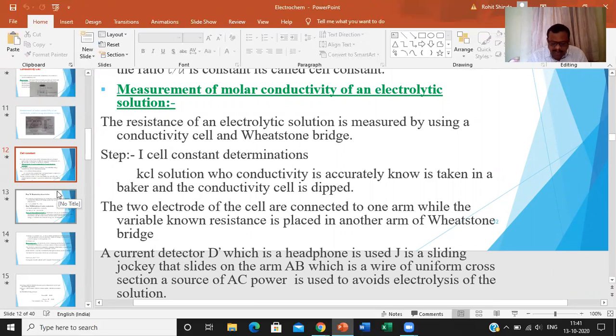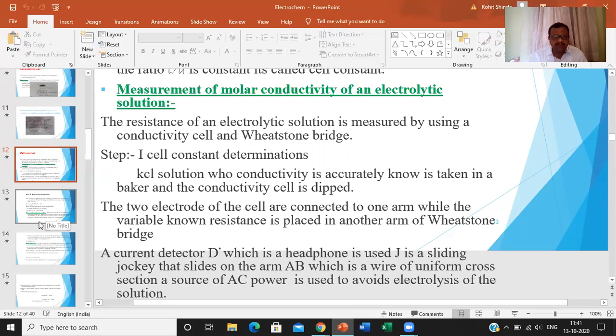Now we can measure the conductivity of an unknown solution by measurement of the molar conductivity of an electrolytic solution. This electrolytic solution whose conductivity is to be measured is studied using a conductivity cell and a Wheatstone bridge. There are three steps involved.